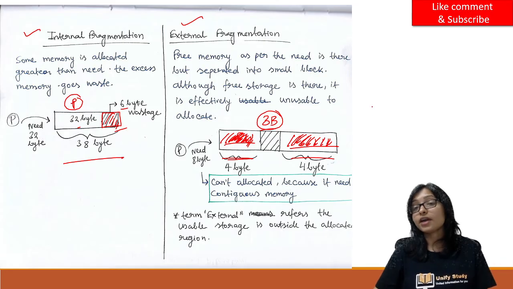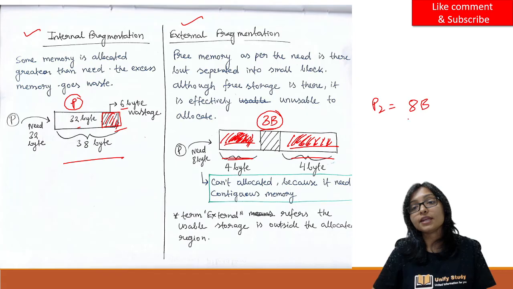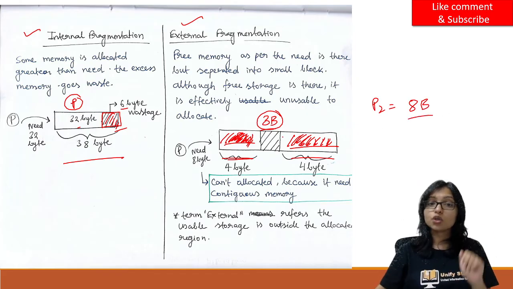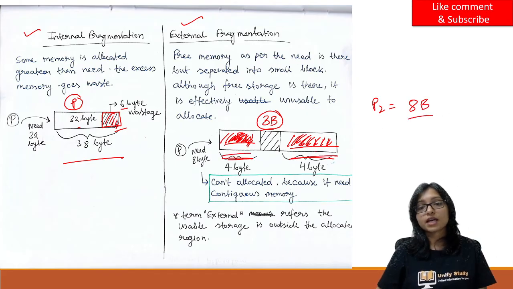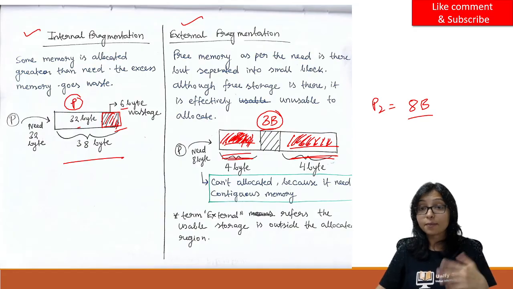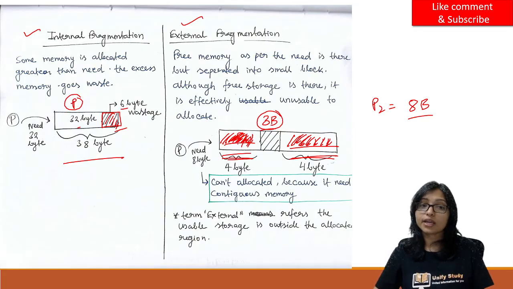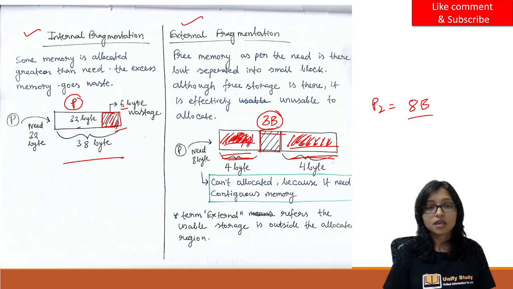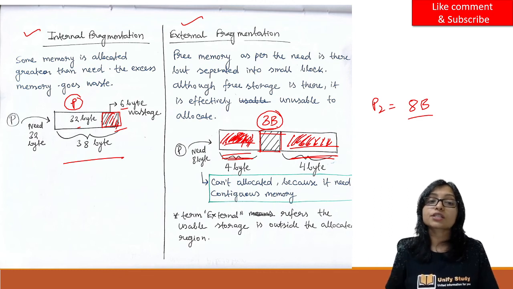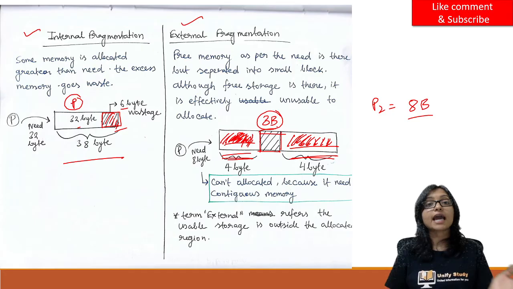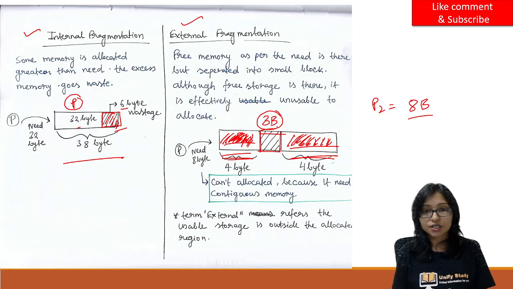Now I have another process, maybe process 2, that requires 8 bytes of space. Although you can see 4 plus 4 bytes are free here, I am not able to allocate because it is not contiguous. In between, this space is already blocked. This is the problem of external fragmentation.